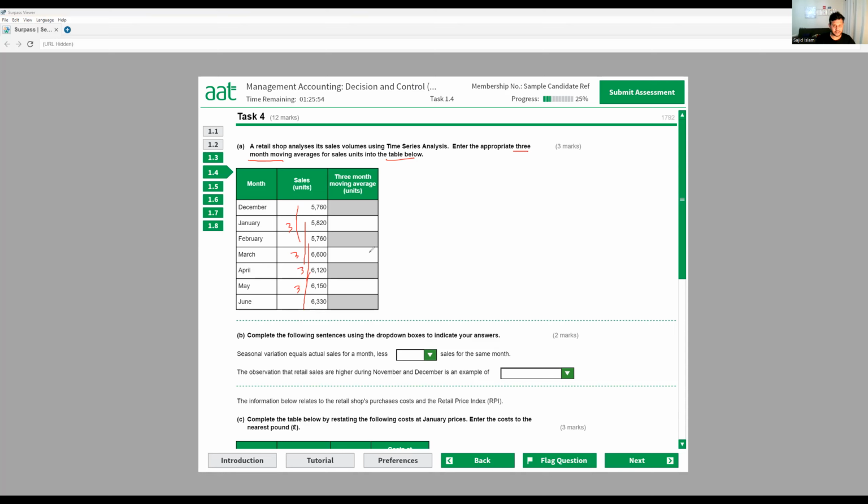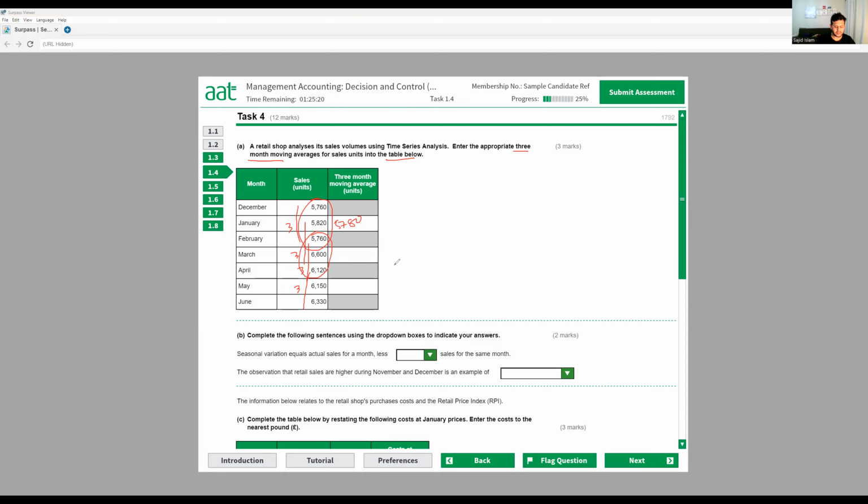So 5760 plus 5820 plus 5760. That gives me 17,340 divided by 3, and that gives me 5780. So we need to add these 3 and divide by 3. Then again, I need to add the next 3 and divide by 3.